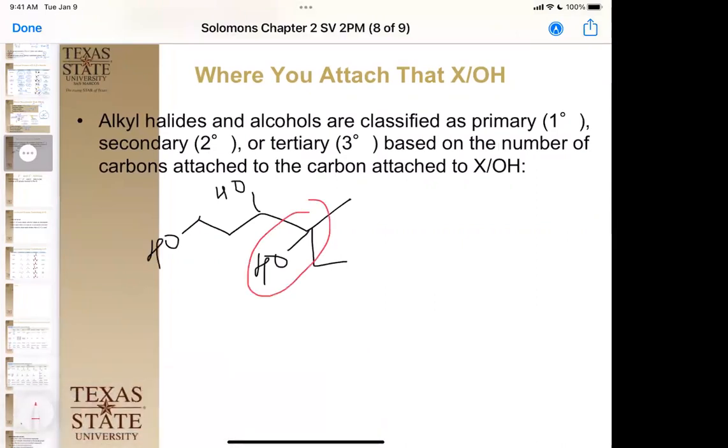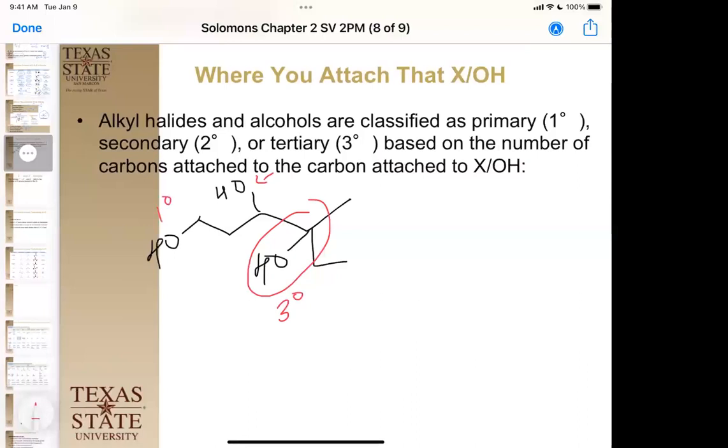Just from that description. That alcohol is hooked to what kind of carbon? Quaternary would be 4 bonds to carbon. There are 3 bonds to carbon, 1 to oxygen, which is our heteroatom. So it's a tertiary carbon. So that makes it a tertiary alcohol. The alcohol is on a tertiary carbon, therefore it's a tertiary alcohol. So what does that make this one? Secondary, and then of course our last one is primary.